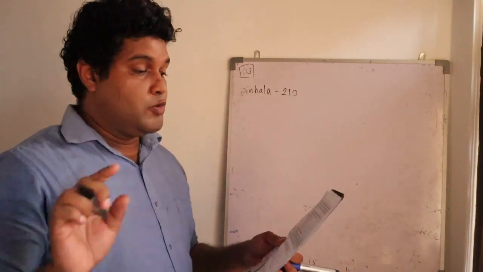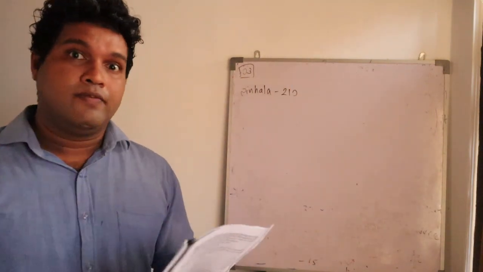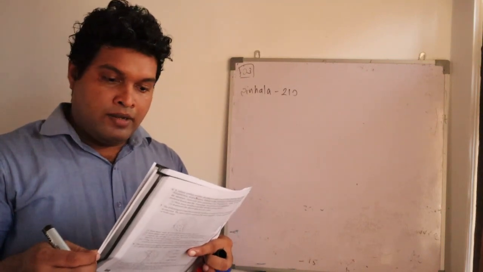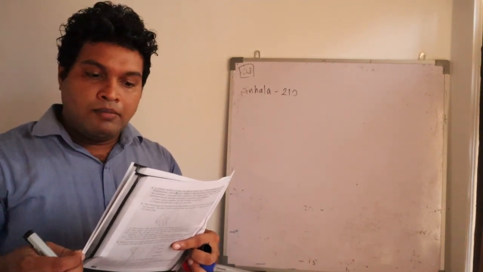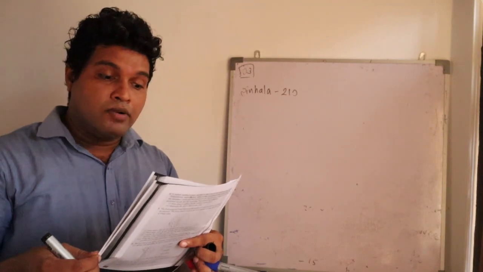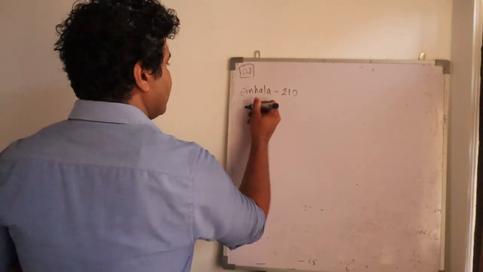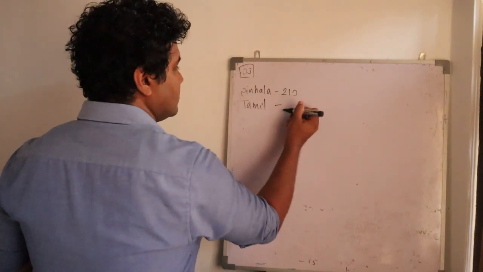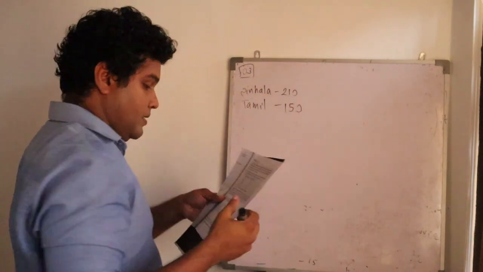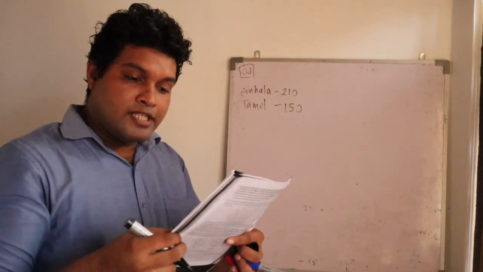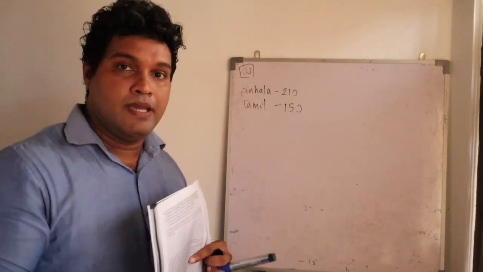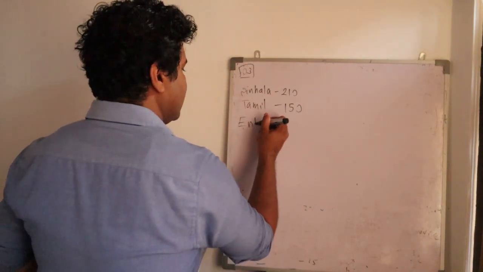One by one they are giving it now. The number of Tamil papers sold was 150. The rest of the papers that were sold were English papers.